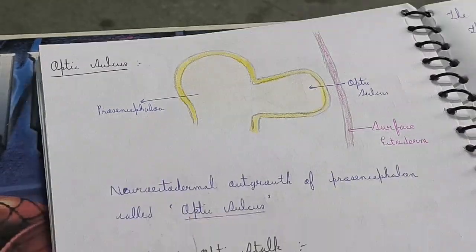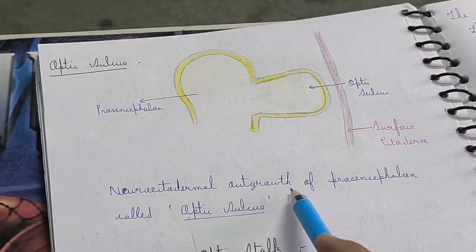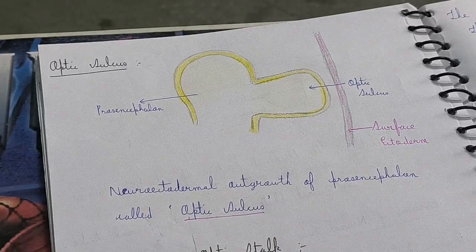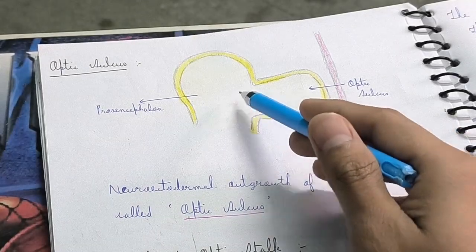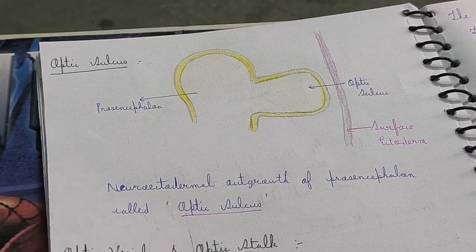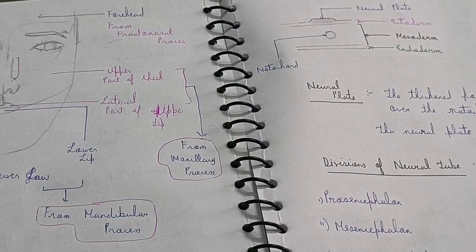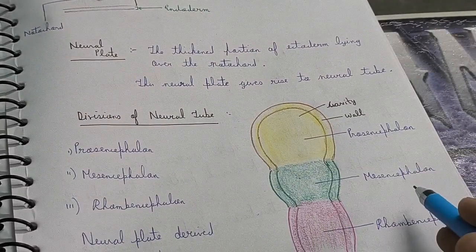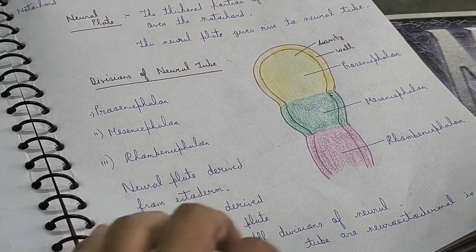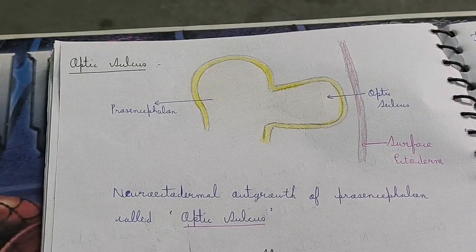So I have written that a neuroectodermal outgrowth of prosencephalon is known as optic sulcus. And why neuroectodermal outgrowth? Because this prosencephalon is neuroectodermal in origin. Not only prosencephalon, in fact mesencephalon and rhombencephalon, all divisions of the neural tube are neuroectodermal in origin. So optic sulcus, clear.